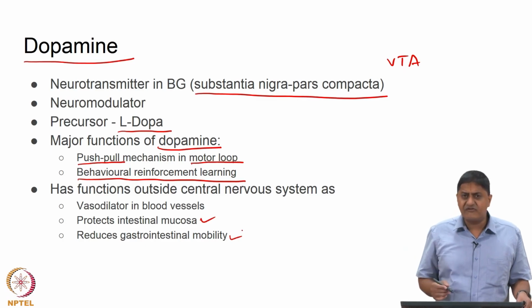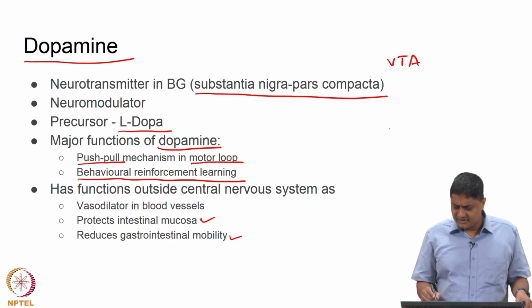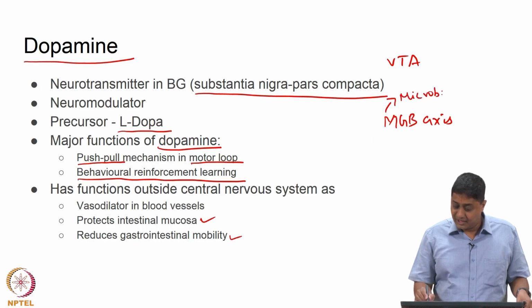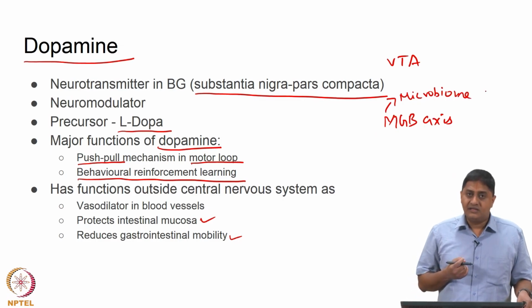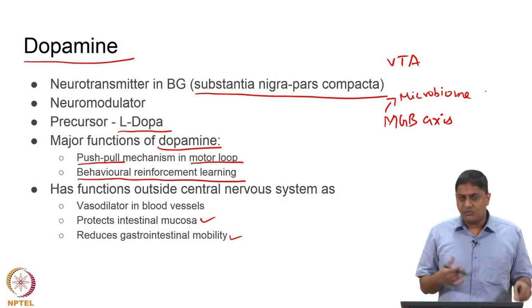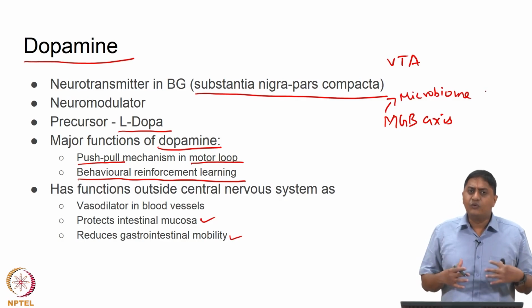This is a hot area of research called the MGB axis. What is this? This is the microbiome or the gut microbiota, the good bacteria or whatever kind of bacteria that is found in the gut.